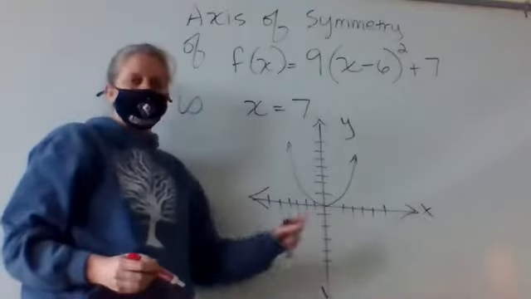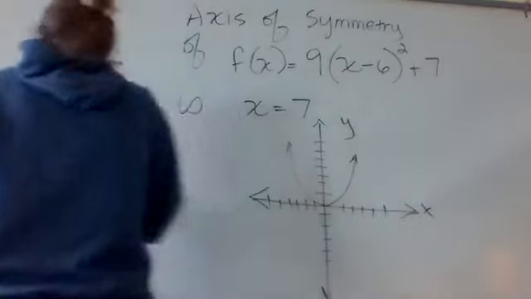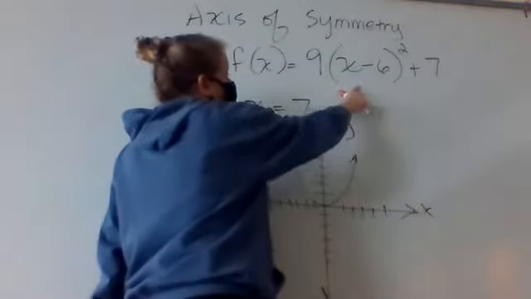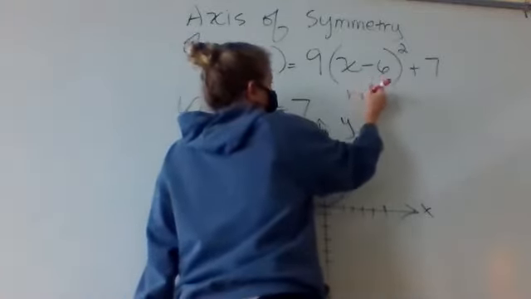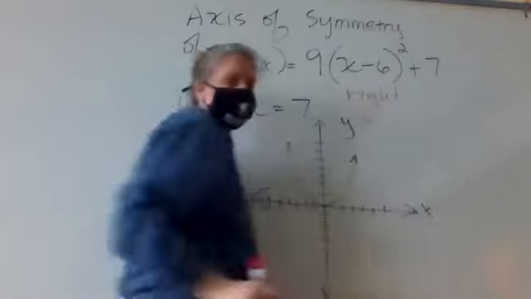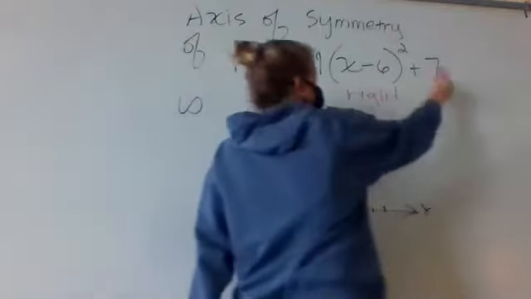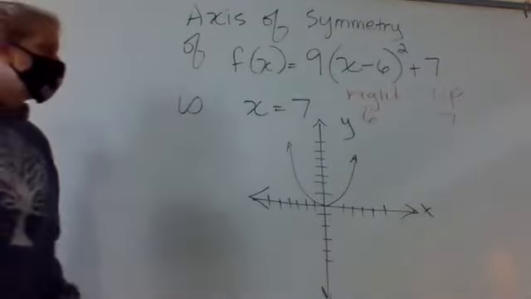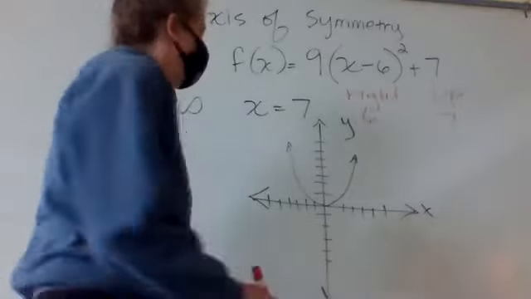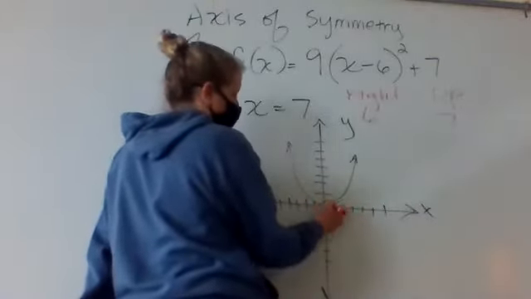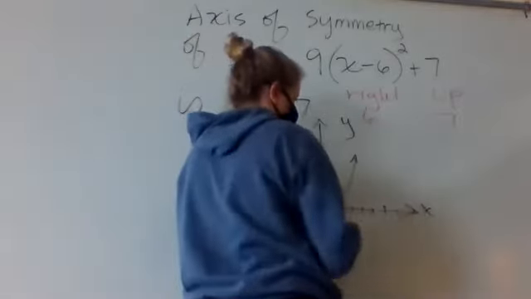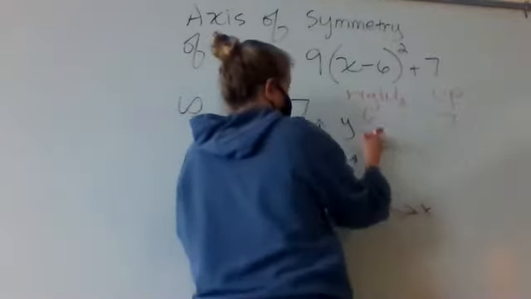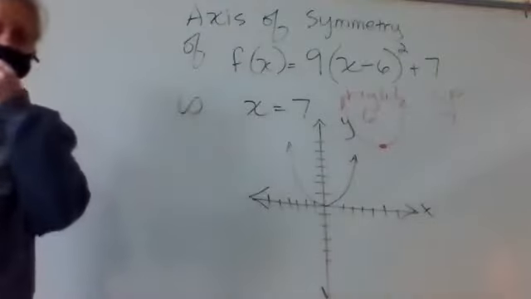The point that is shifting is the vertex. So this minus 6 in the parentheses would actually move it where? To the right 6. This would move it up 7. So let's see where that's going to put our parabola. If I'm moving this vertex to the right, 1, 2, 3, 4, 5, 6, and then up 7, my vertex will be here. So my parabola has moved up there.